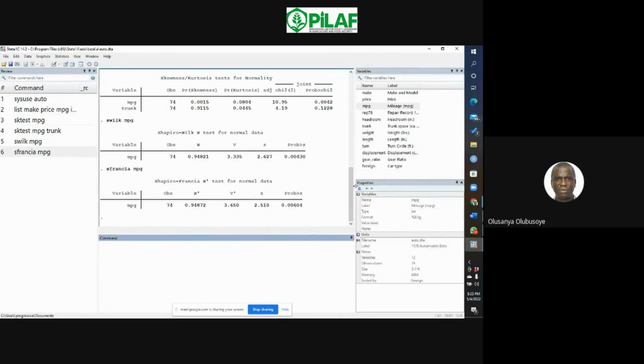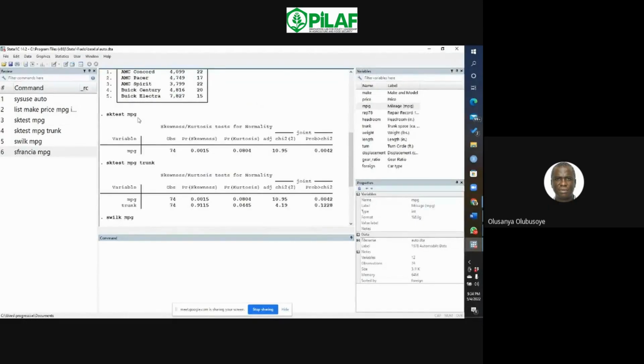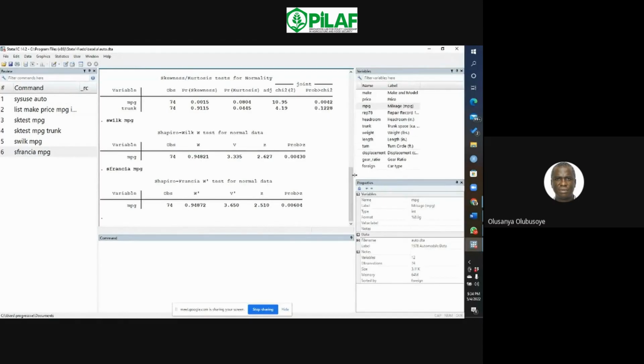So the three tests agree. Whether you use the skewness kurtosis test, or the Shapiro-Wilk test, or the Shapiro-Francia test, the three agree. And this is the kind of thing you should always do: use different tests to really establish the truth about the distribution.